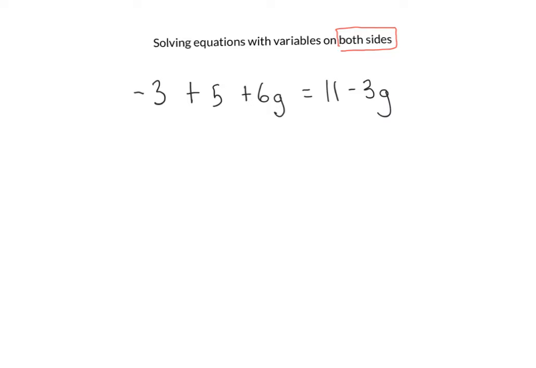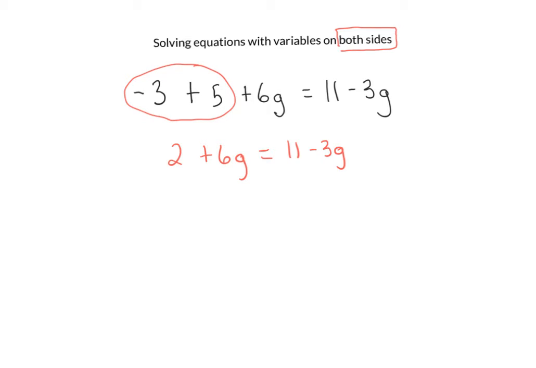But before I do that, I always look on each side of the equal sign and ask myself, are there any like terms on the same side? These two are like terms, so I'm going to combine them. So negative 3 plus 5 is 2, plus 6g equals 11 minus 3g.